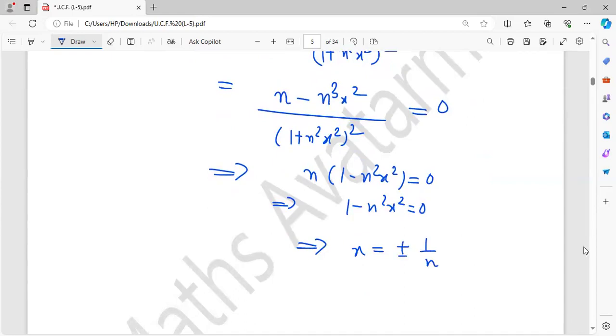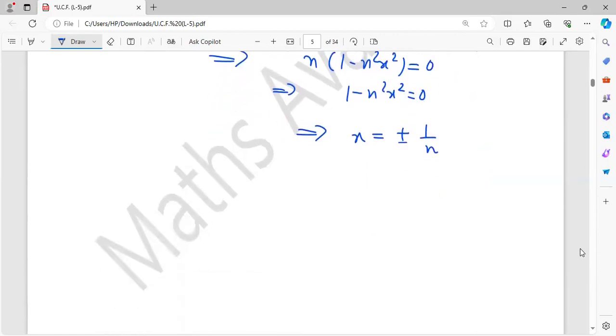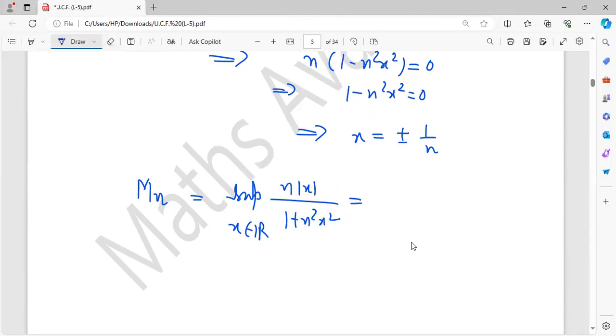Okay. So what will be the supremum? Mn is equal to the supremum over x belonging to R of fn(x). The supremum will be attained at this point, so put plus or minus 1 upon n: n times (1 upon n) over 1 plus n square times 1 upon n square.